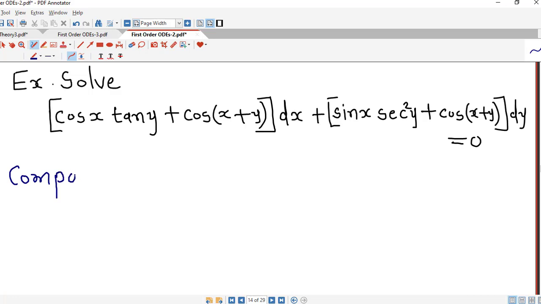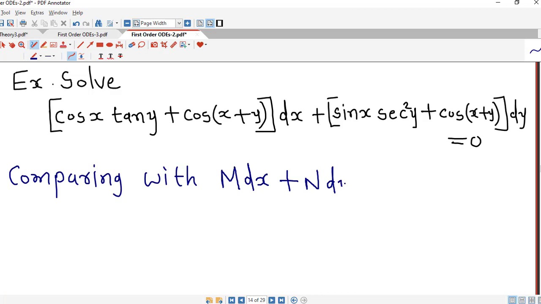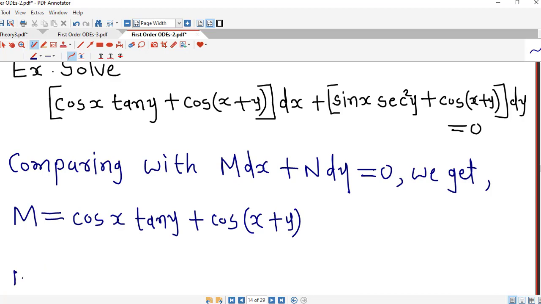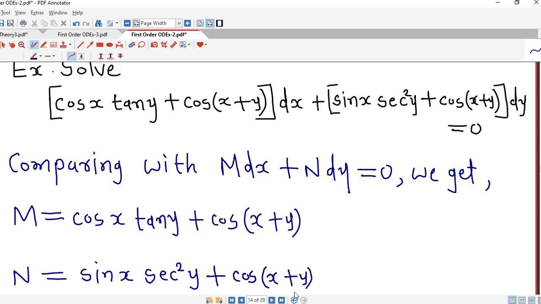So comparing the given equation with M dx plus N dy equal to 0, we get capital M equal to cos x tan y plus cosine of (x plus y), and capital N, the coefficient of dy, is sin x sec square y plus cosine of (x plus y).